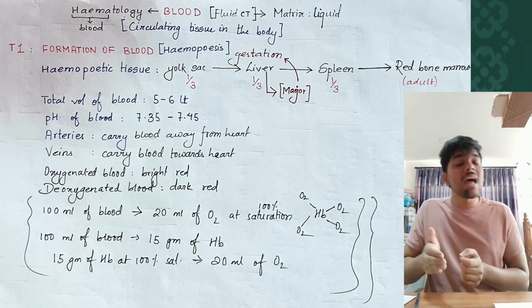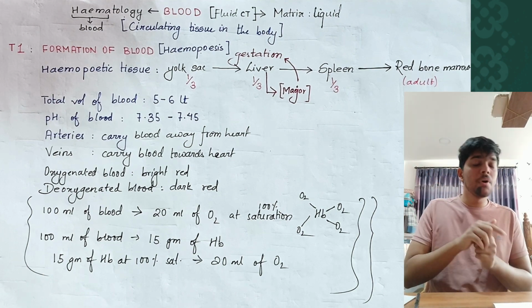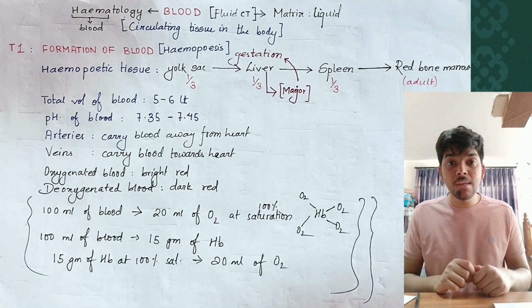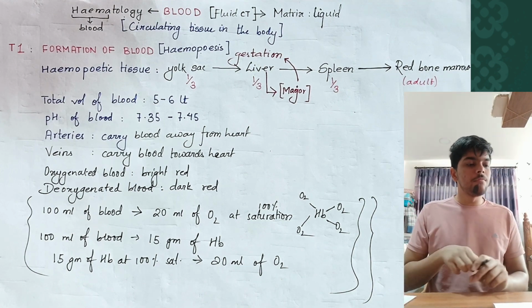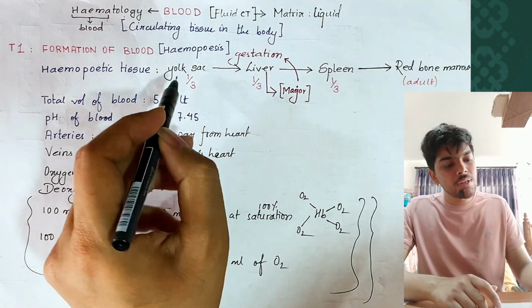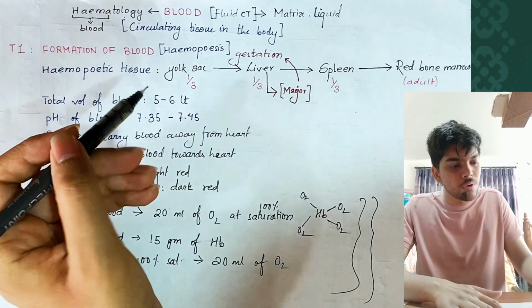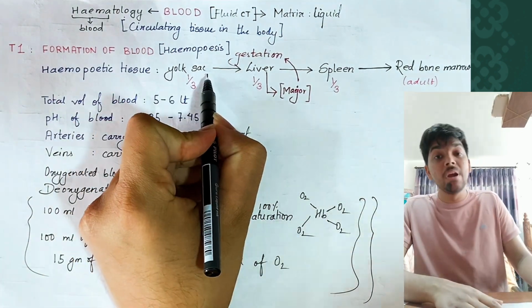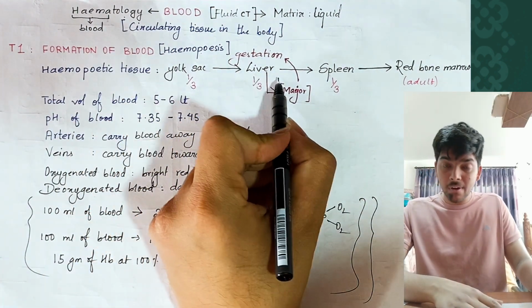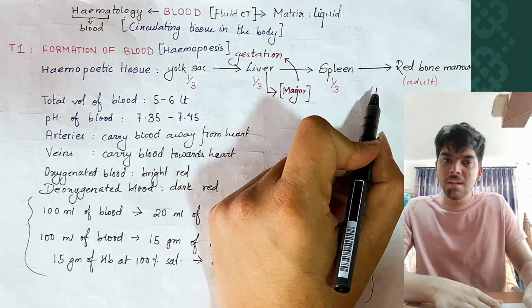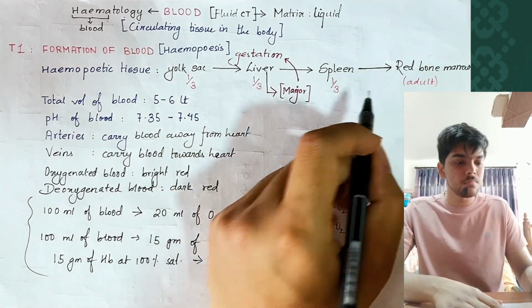In these different time intervals, the hemopoietic tissue found in the developing baby is different as well. In the first 3 months, the hemopoietic tissue found is the yolk sac. In the middle 3 months, it's your liver. And in the final 3 months, it's the spleen.